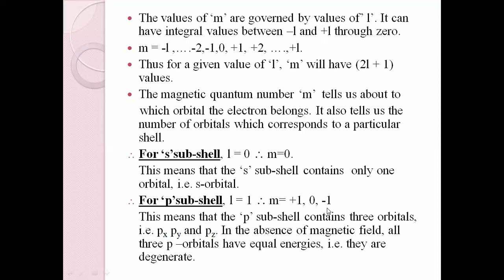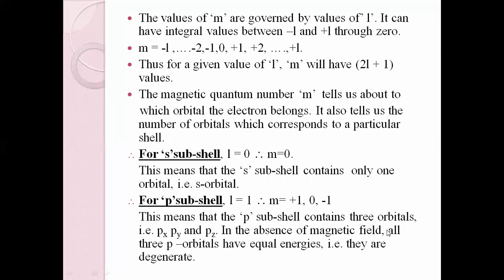This 3 I am saying is the quantity 3, that is, inside the p subshell there are 3 p orbitals. Their names are px, py and pz. The px orbital is oriented on the x axis, py on the y axis and pz on the z axis. These 3 p orbitals do not necessarily have equal energies in a magnetic field, where their energies are different.